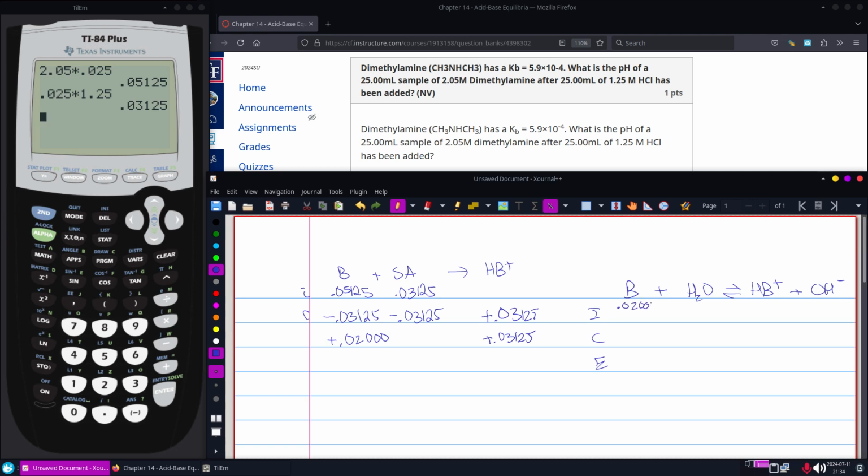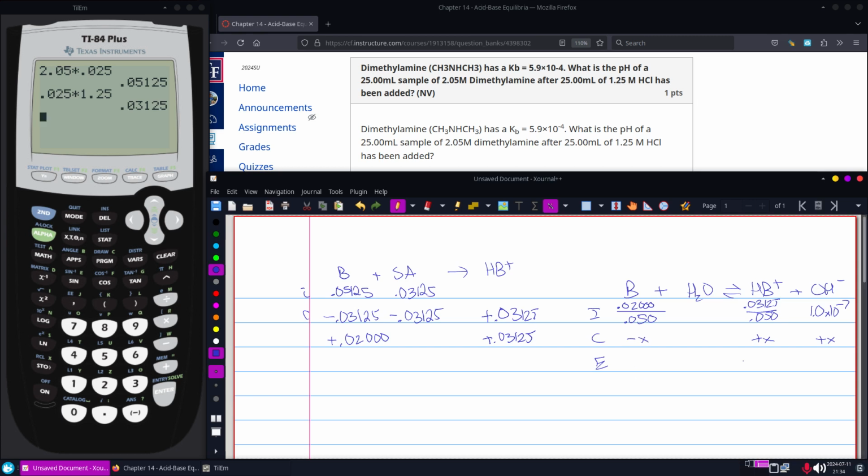I'm going to take the moles, 0.02, under 50 milliliters. That would be my concentration, and the HB would be the 0.03125 over that 50 milliliters. And this is that 1 times 10 to the negative 7th, because it's mostly neutral, and we're expecting the products to go up since we have that neutral water.